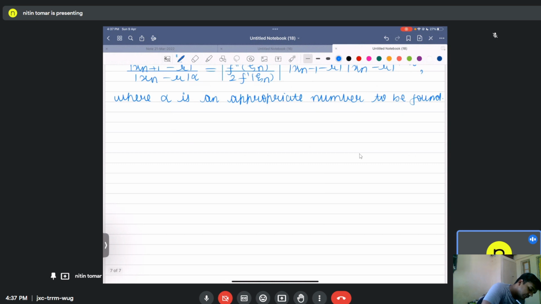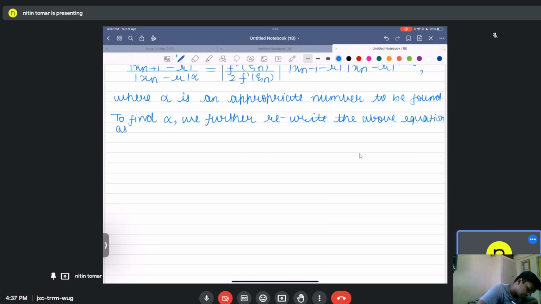So again we do some manipulations, and to find alpha we further rewrite the above equation.